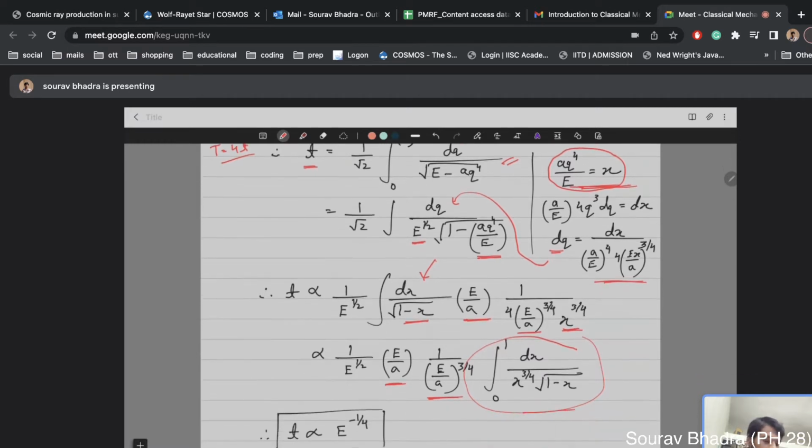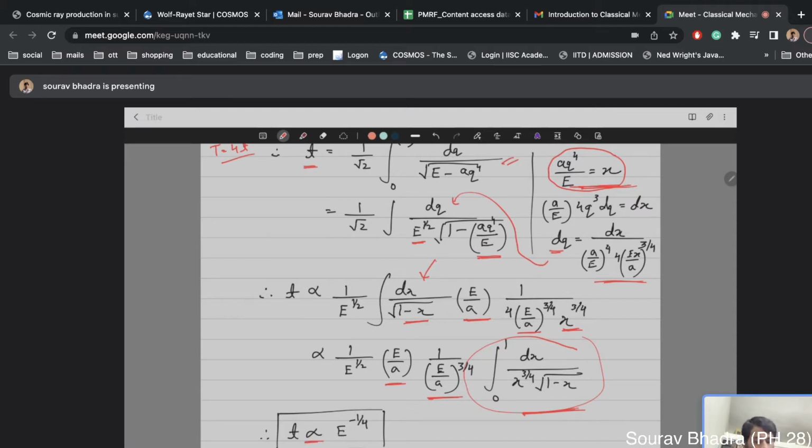Now this integration will give us some value, and it is not depending on E. We are not interested in that; some value will be there. That's why I have used the proportional sign, not the equal sign.